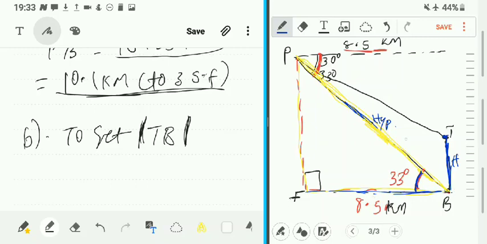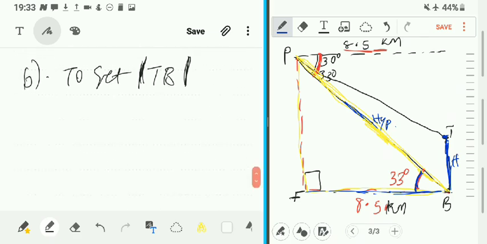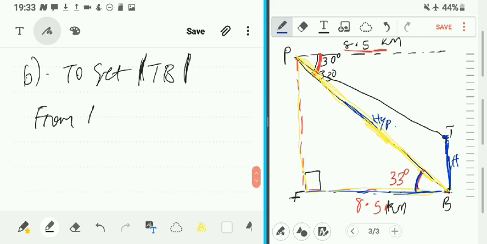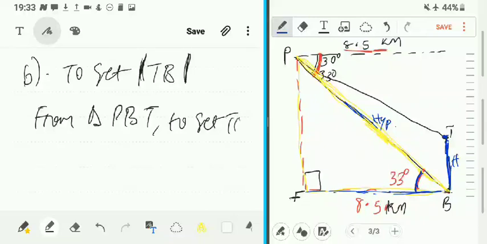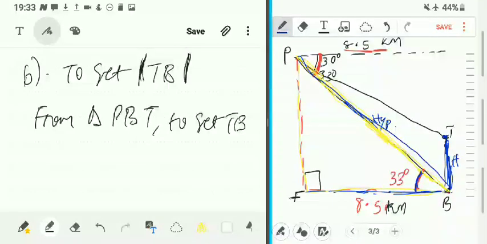Okay, so now to get TB, let me use another technique. From triangle PBT, to get TB or BT, anyhow, BT or TB.